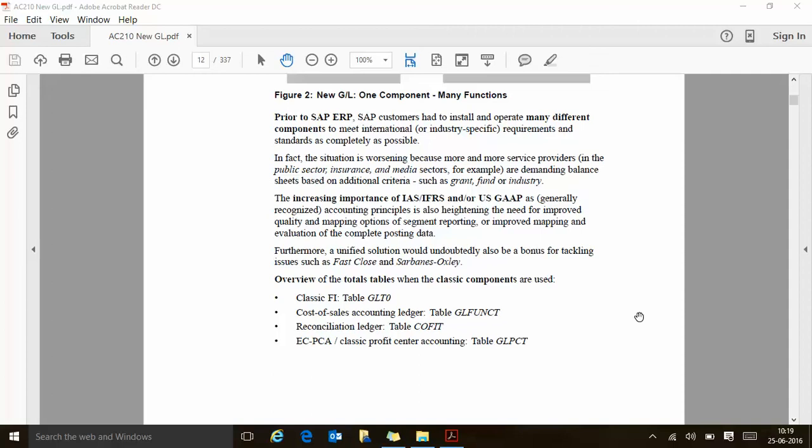Then cost of sales accounting ledger is GLFUNCT. Then we have reconciliation ledger, COFIT. And then we have ECPCA, classic profit center accounting, which is GLPCT.